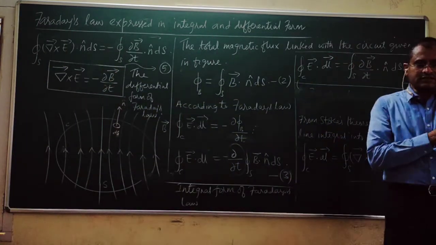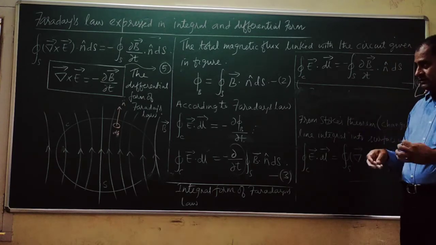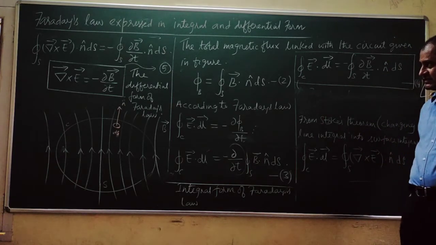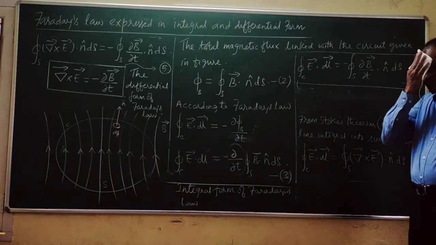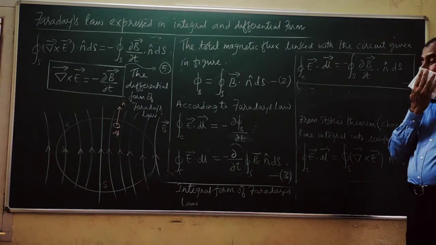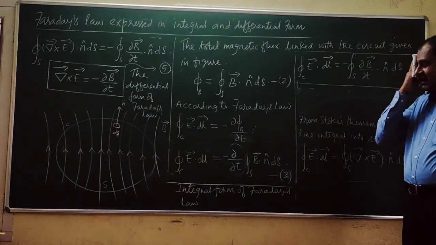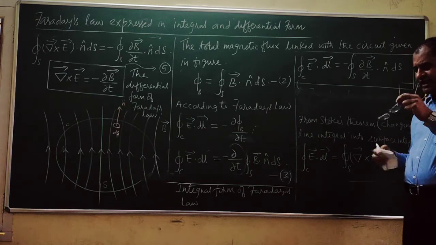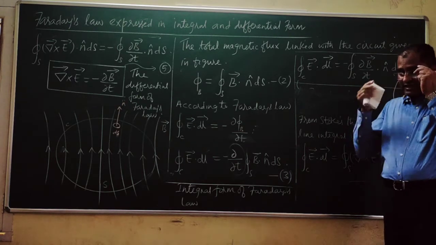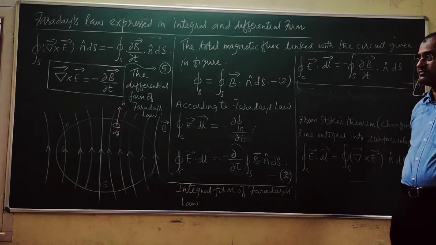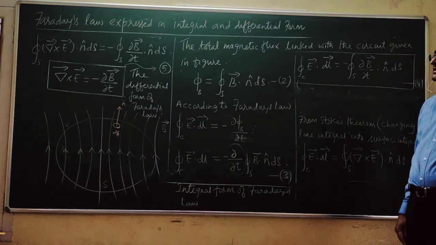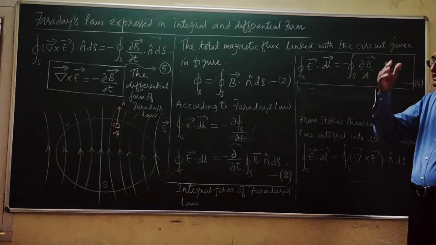Is that okay to you, sir? This is a very important topic. Both the equations which I put in boxes are important. You must remember how to express Faraday's law of electromagnetic induction in differential form.